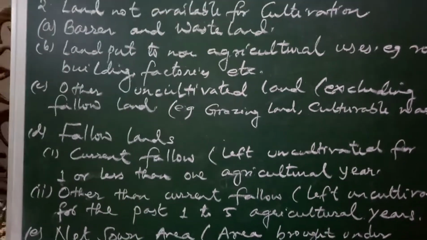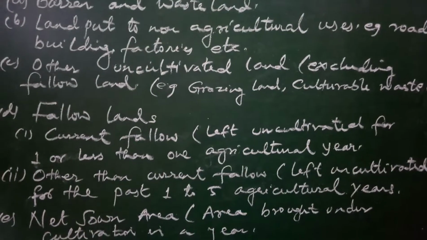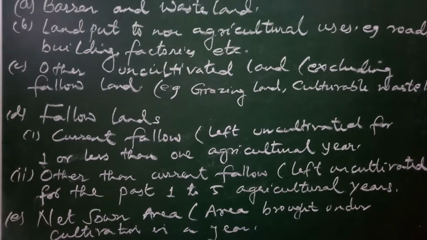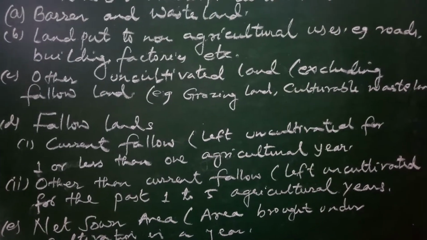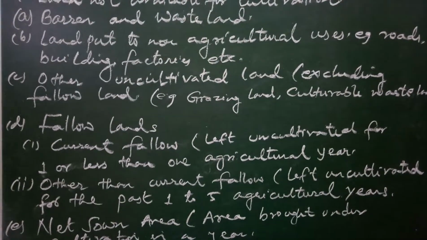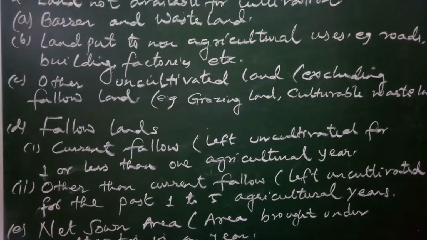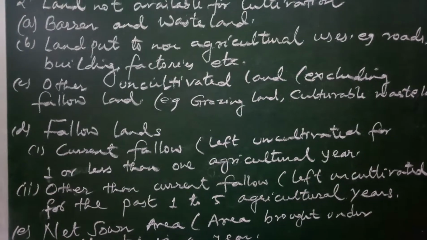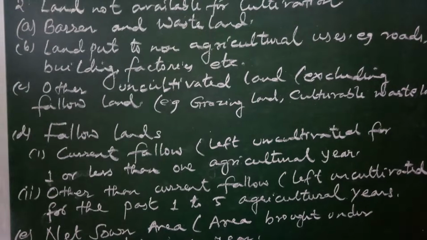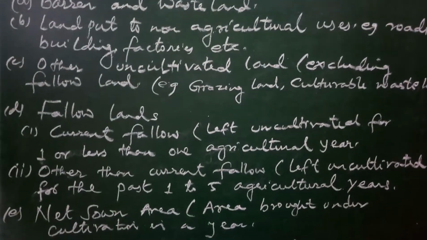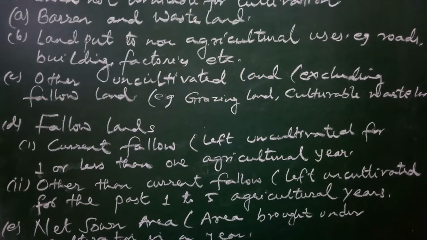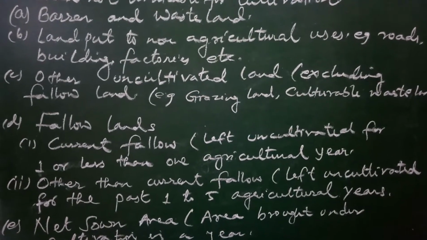Next category, you have fallow land. Under the category of fallow land, we have two types. One is the current fallow. Current fallow land means land without cultivation for one or less than one agriculture year. It means land is not put to cultivation for 1 year or less than 1 year.